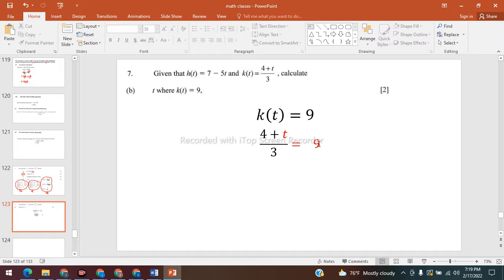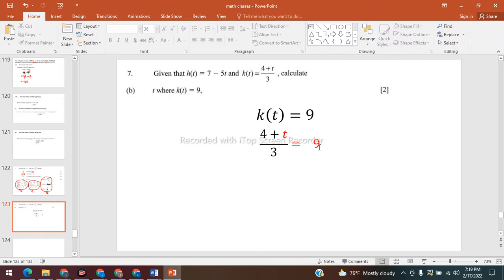You can kind of think about it, even before we do it. What must t be to ensure that this equals 9? If it's 3, it's going to be 4 plus 3, which is 7 over 3. That's not good. We need the top to be something so that when we divide it by 3 we get 9. Think about it.